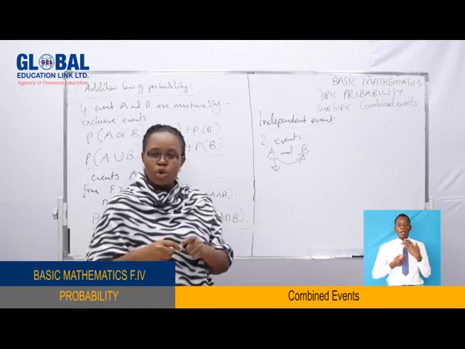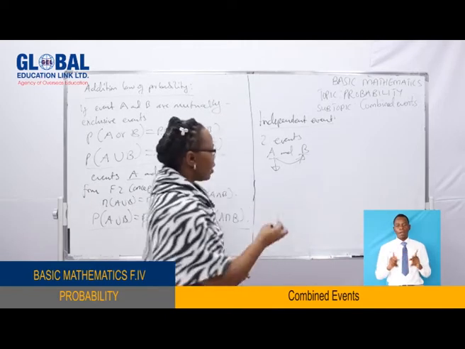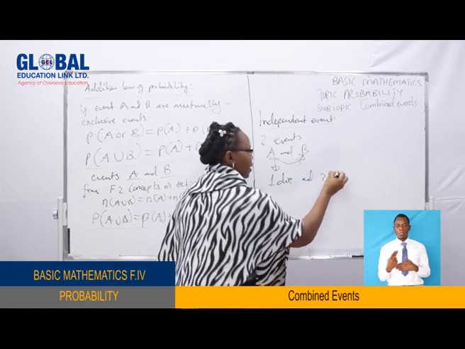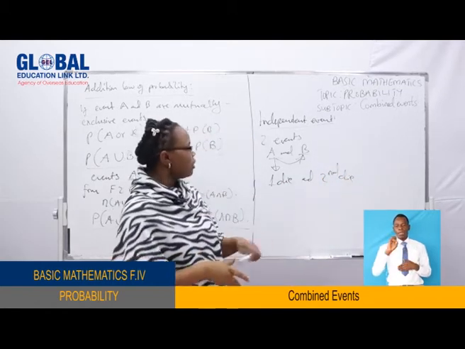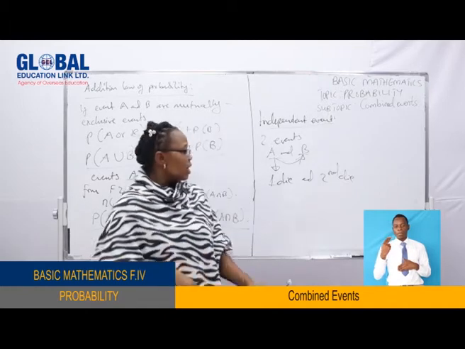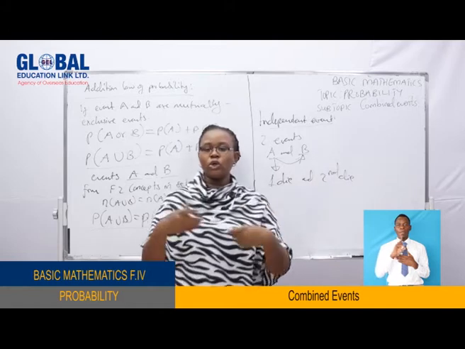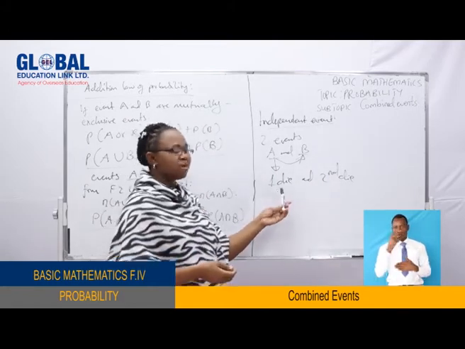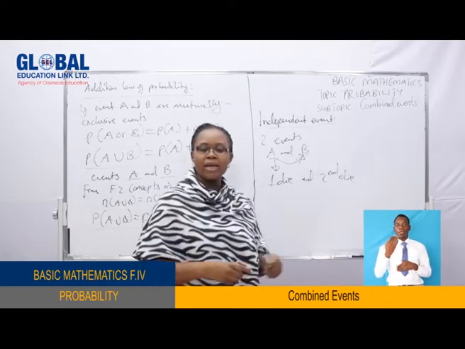Example: when you have two dice, the first die and the second die. When you toss these two dice, die 1 can show 1 while die 2 can show 3. So we have seen that the occurrence on the first die did not affect the occurrence on the second die.